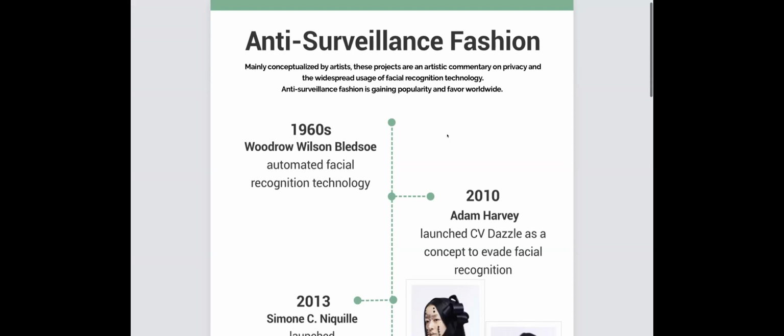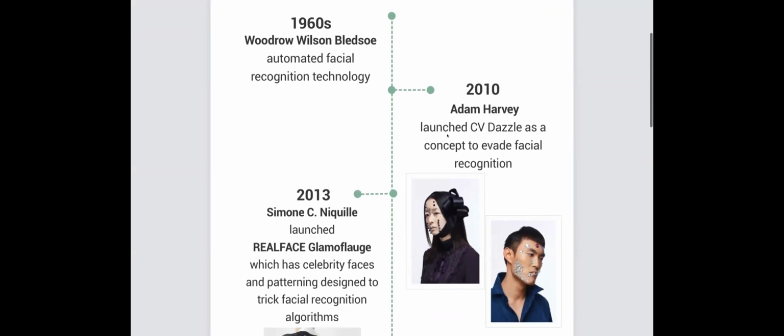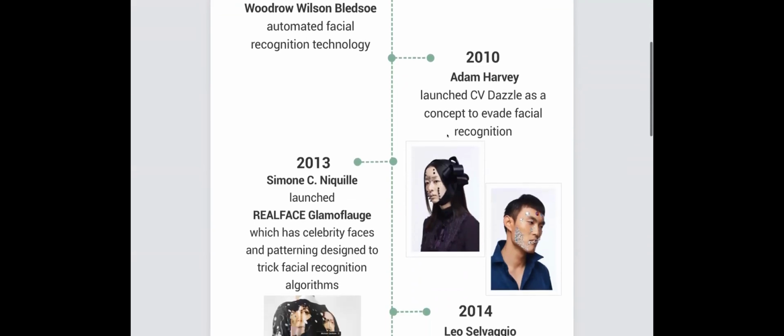Fast forward to 2010, Adam Harvey launched CV Dazzle, which is a concept art piece to evade facial recognition. And so you can see here some examples, like jewels.